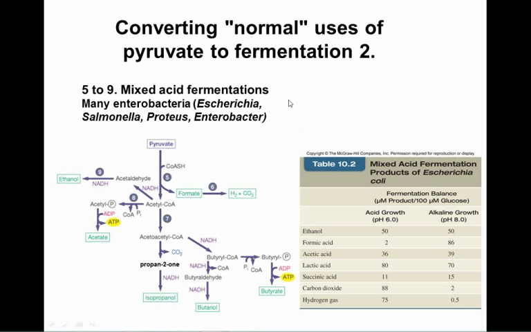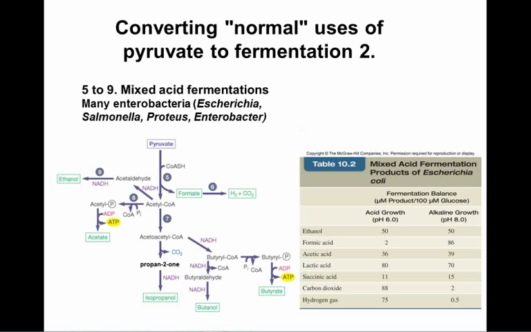So what is happening here? It all starts from pyruvate again. And as we saw just now, one of the main metabolic steps from pyruvate is to form acetyl coenzyme A. Now, normally, when this is done as part of aerobic metabolism, it's performed by pyruvate decarboxylase.